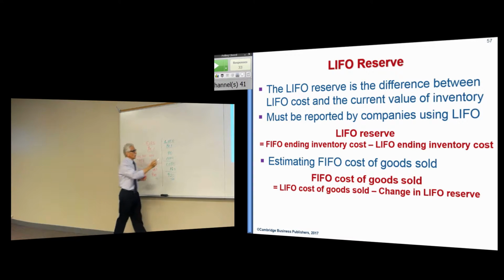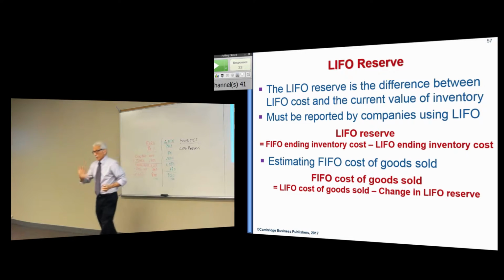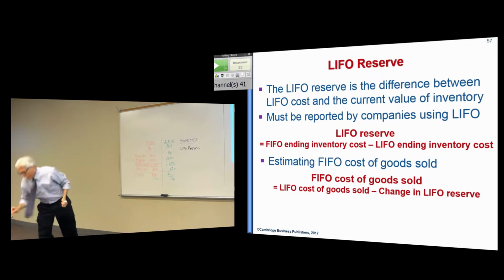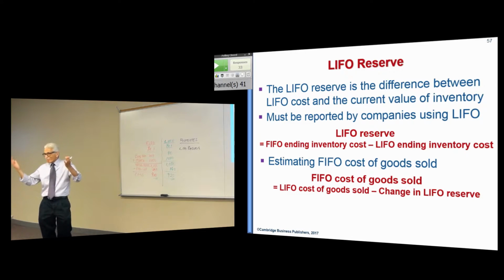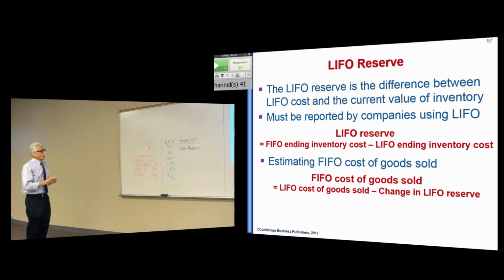And in your financial statements, in the footnotes, you get the LIFO reserve. And again, you can't hold me to that terminology. That could be LIFO credit, that could be the adjustment to LIFO, that could be the difference, whatever they call it. The LIFO reserve is 20.